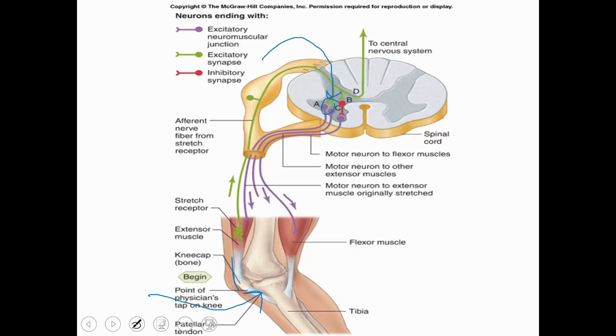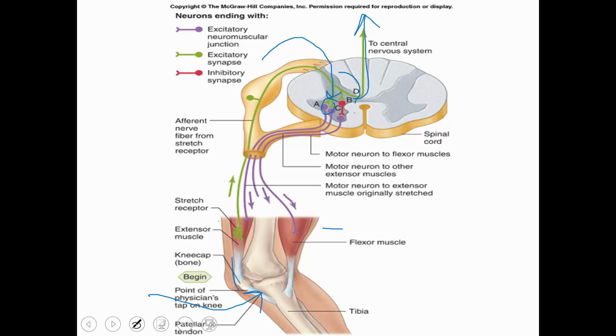But we can make this pathway more complicated because we can have a collateral that synapses on an inhibitory neuron, and we can inhibit the antagonistic muscle, so we relax the hamstring while we're contracting the quadriceps, and we also have information going up to our brain so that we're aware that we're doing that. So when someone uses a reflex hammer to test a stretch reflex, that's an assessment tool.